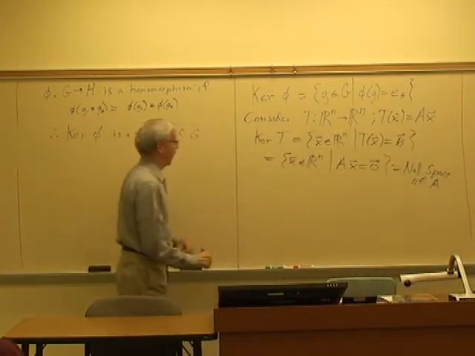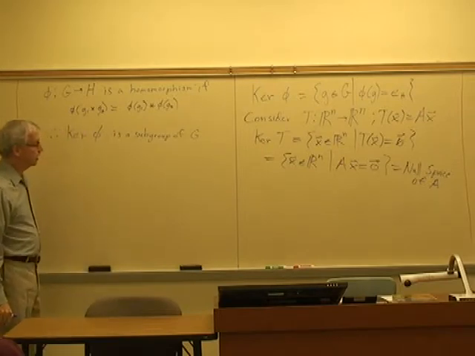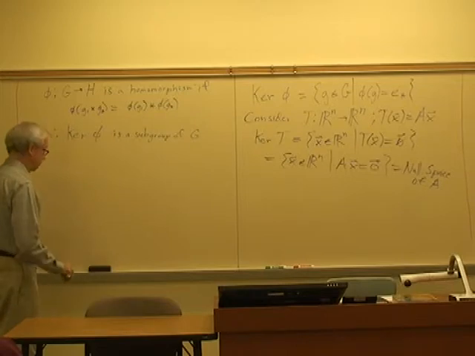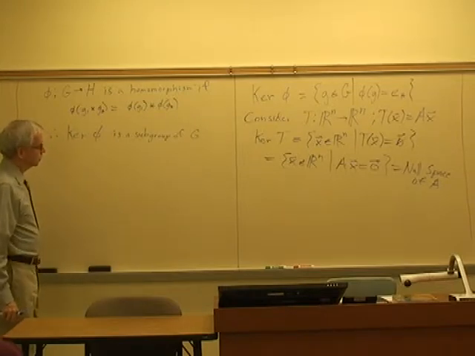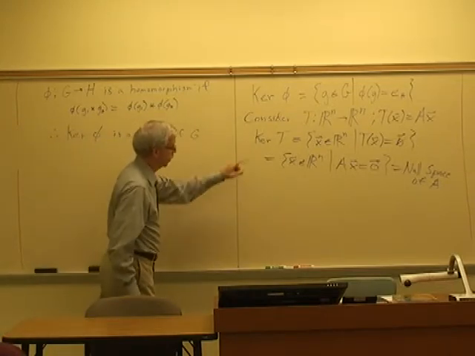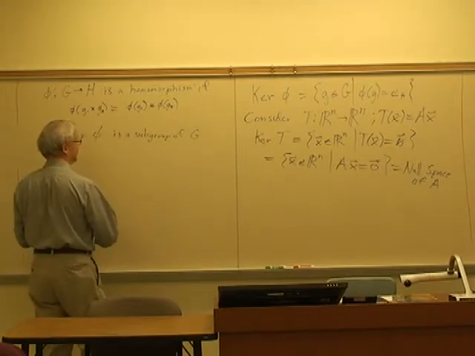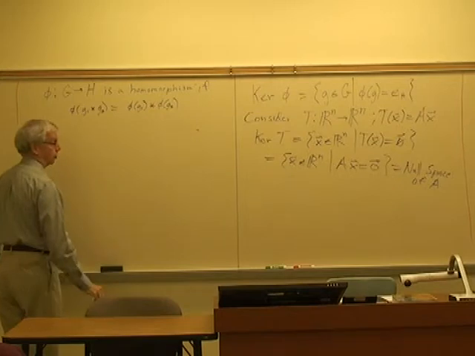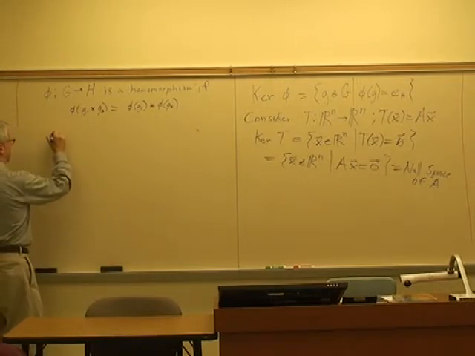All right, well, let's prove that that really is a subgroup of Rn. First, let's do it the hard way, then let's do it the real easy way. To prove it's a subgroup, I need to look at three things.